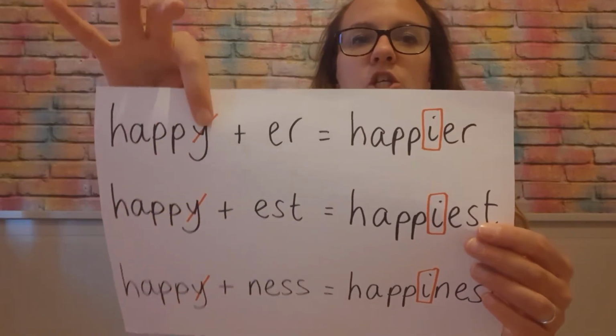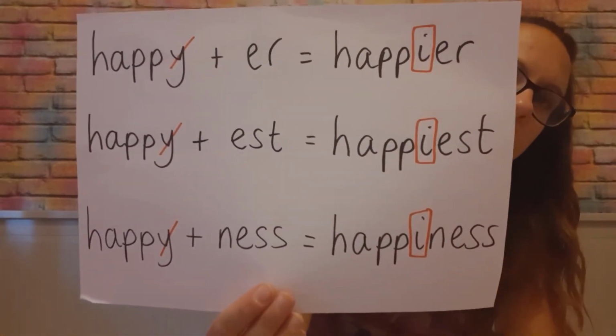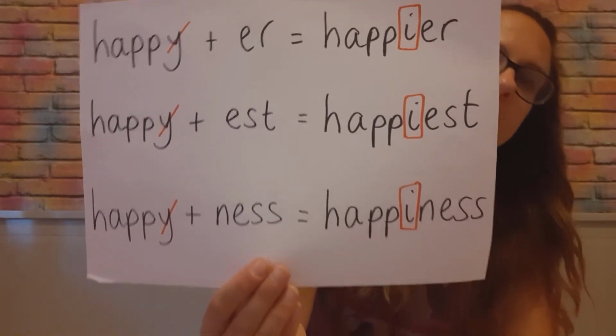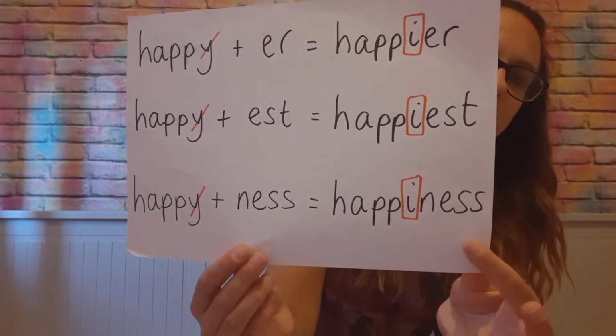Okay, so it's just changing that Y there for an I here. And then we've got happy plus est makes happiest, and happy and ness makes happiness.